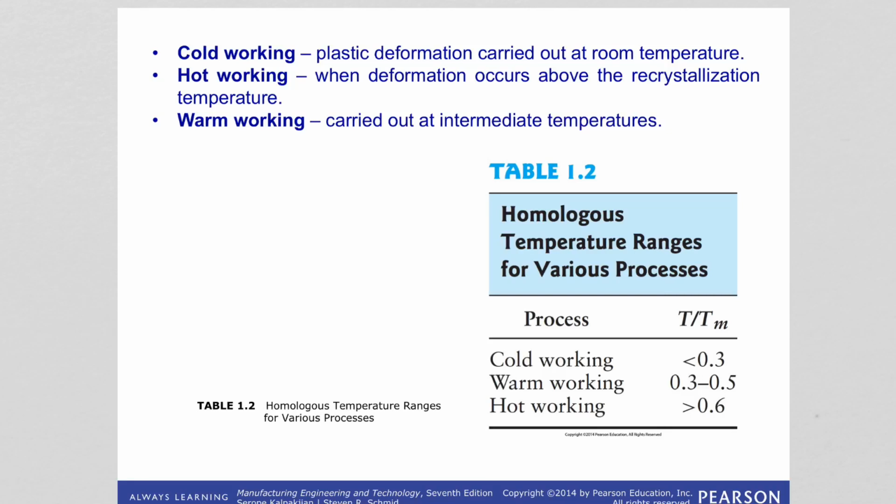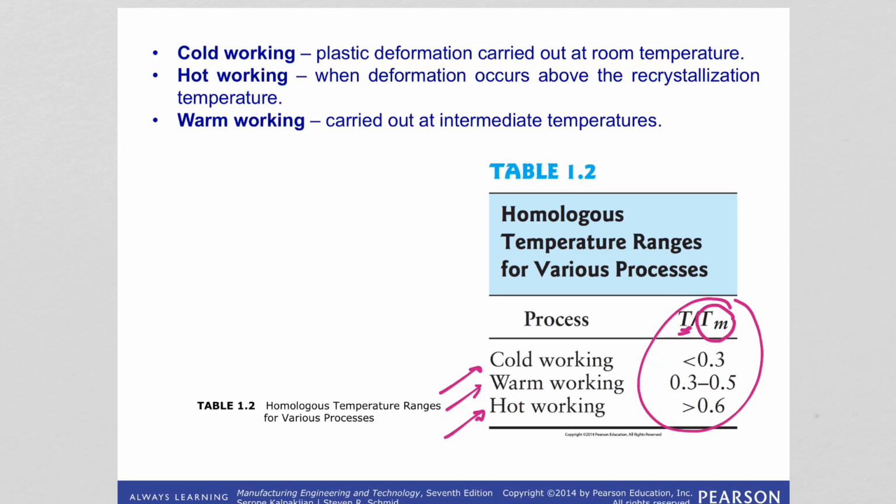If you choose a temperature in between, it is going to be called warm working. And the temperature ranges are given here. Okay, so T is the temperature of your manufacturing process. Tm is the melting point of that metal. So depending on this ratio, it is called cold working, warm working, or hot working, basically.